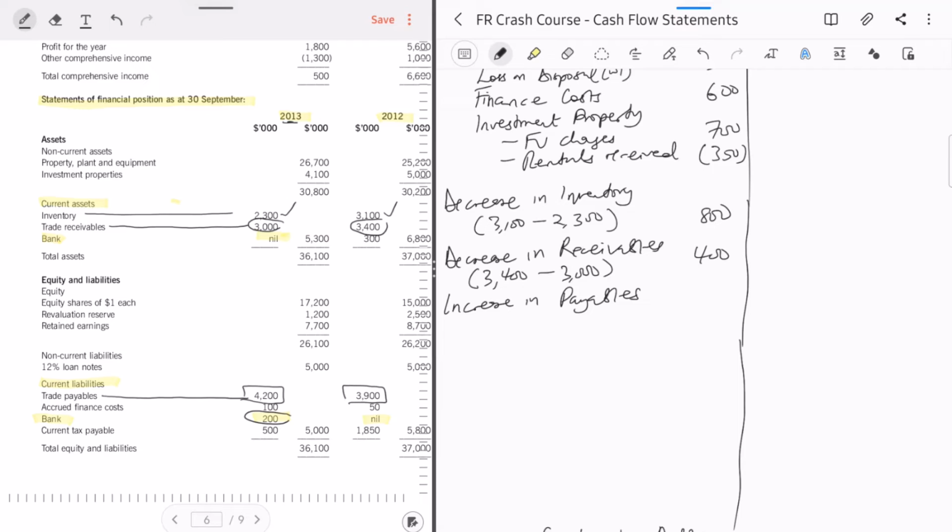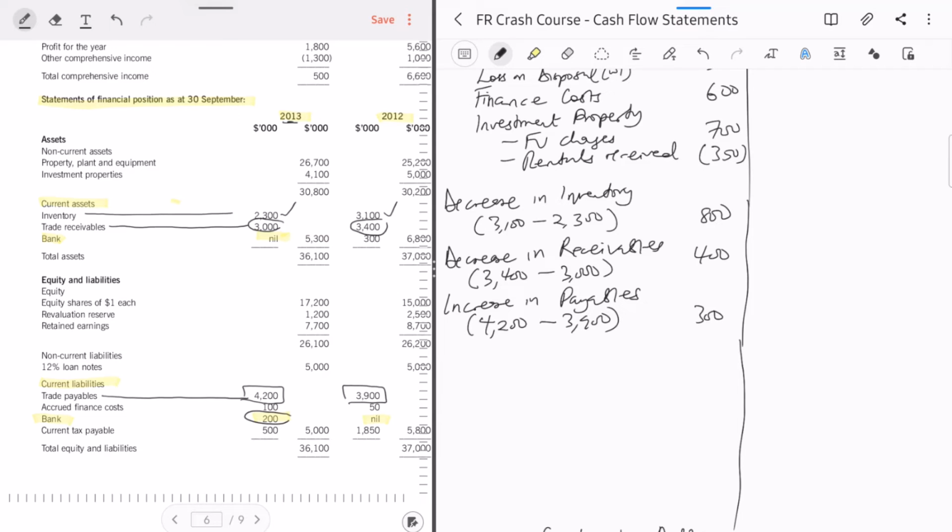How do I account for this? Simple. Because of this change in sign, it will be my closing minus 3,900. What will the difference be? Clearly 300. Now, is this going to be a cash inflow or a cash outflow?